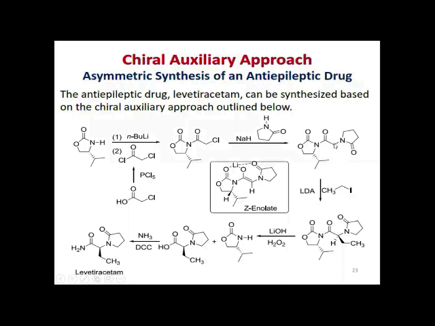So alkylation occurs at this position, and then we use the same reagent to remove the chiral auxiliary from the modified substrate. Lithium hydroxide in the presence of hydrogen peroxide removes the chiral auxiliary and we get the modified substrate. And in the drug we want an amide group, so this acid in the presence of ammonia and DCC produces the amide. So this is the structure of levetiracetam.